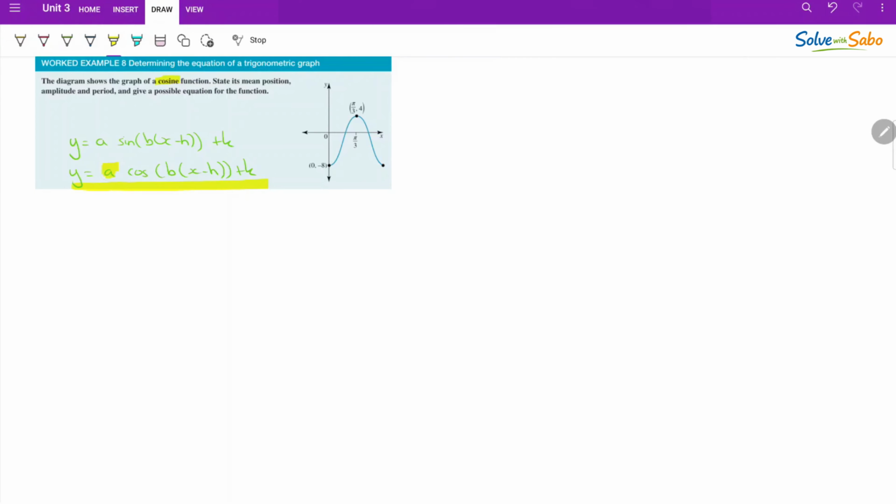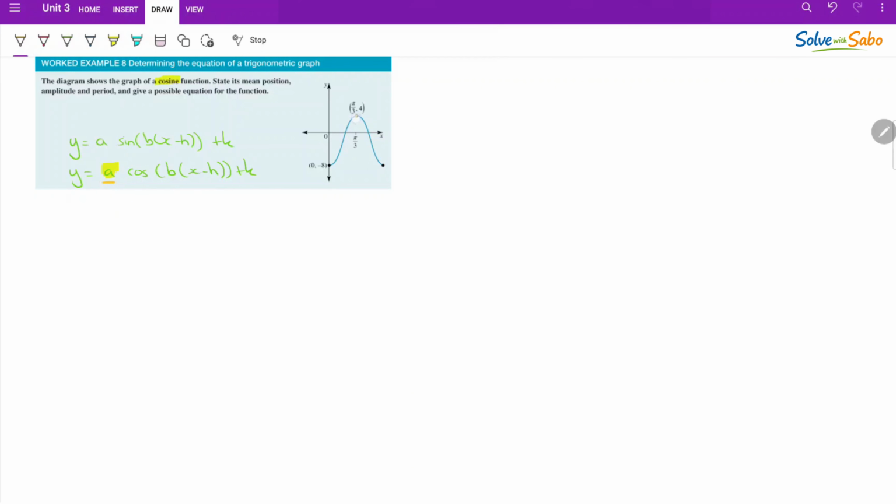So this a is my amplitude, and my amplitude is essentially how much it is stretched compared to normal, and the amplitude is half the distance from the maximum to the minimum of the wave vertically. So we'll do that in yellow here.